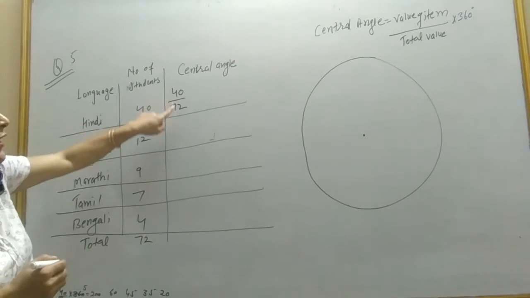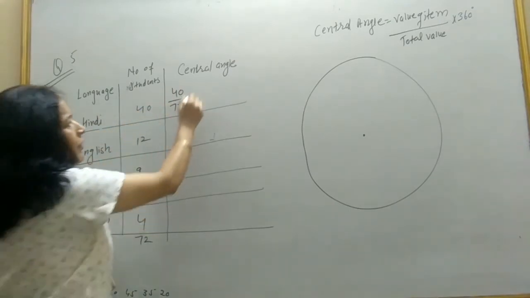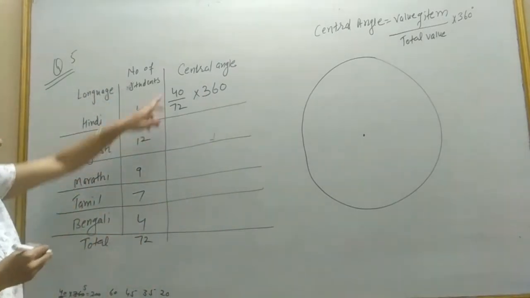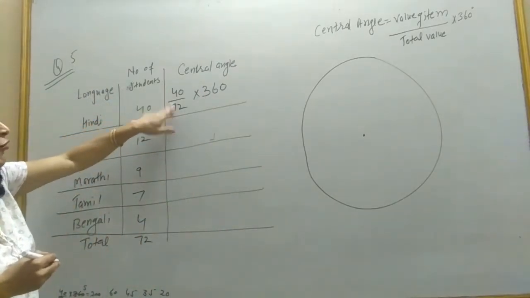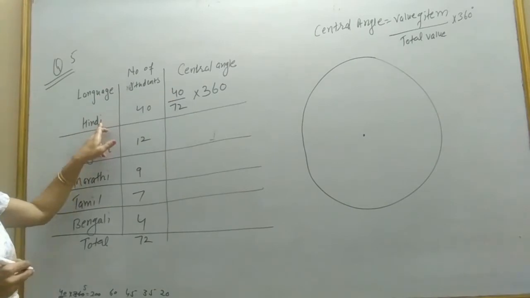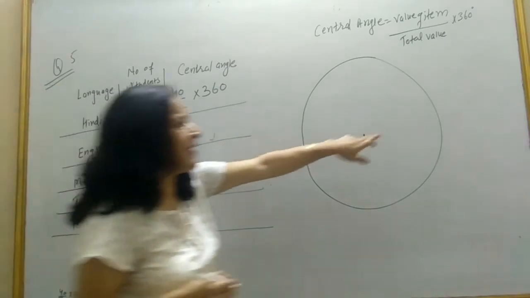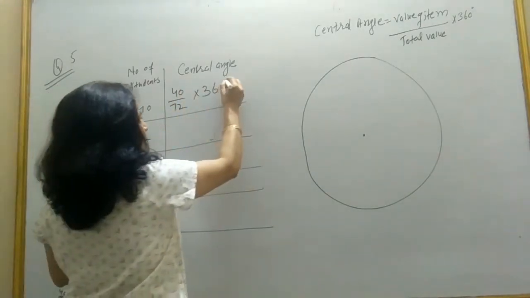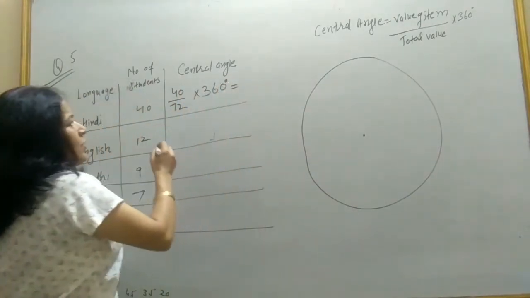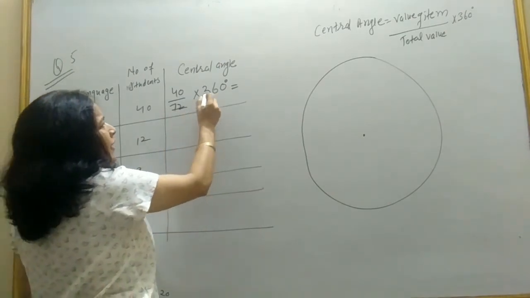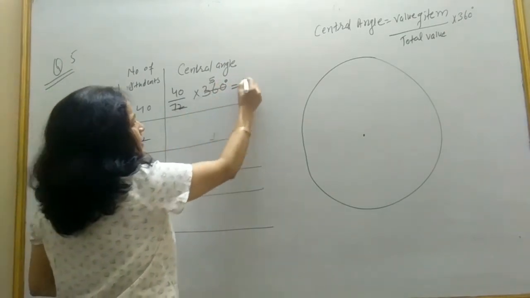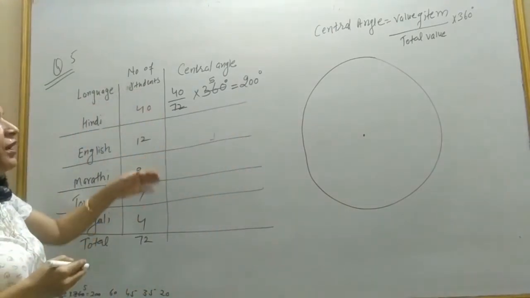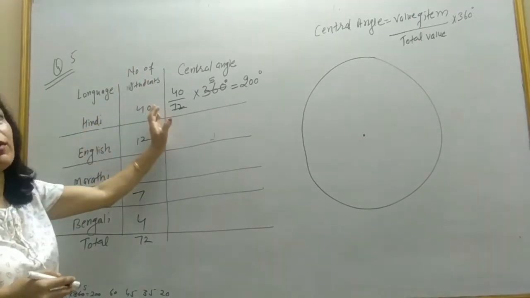First we find the fraction: out of 72, 40 people speak Hindi. To find the central angle, 40 upon 72 of 360, which is 200 degrees.